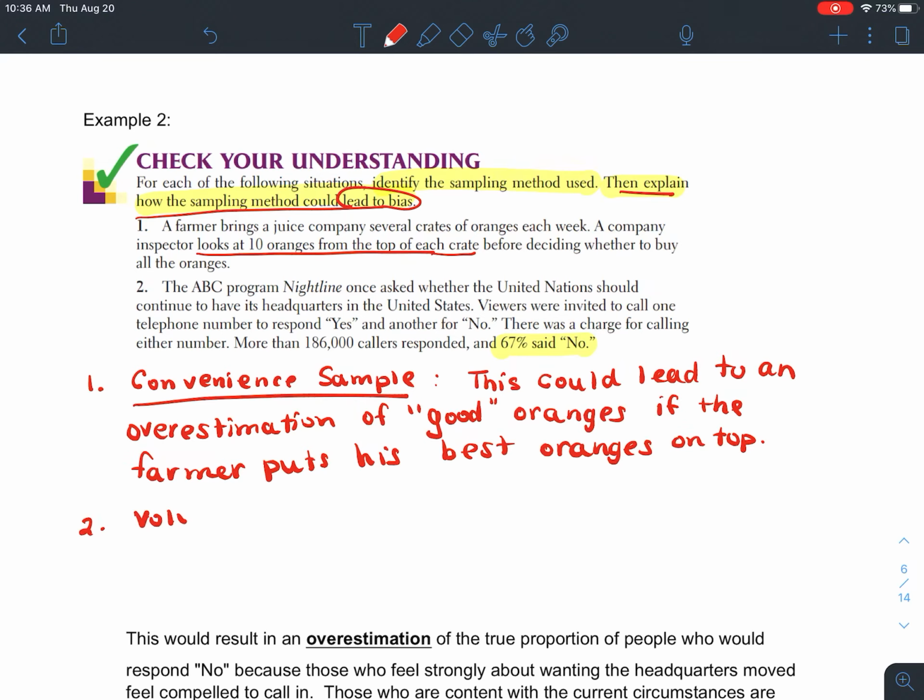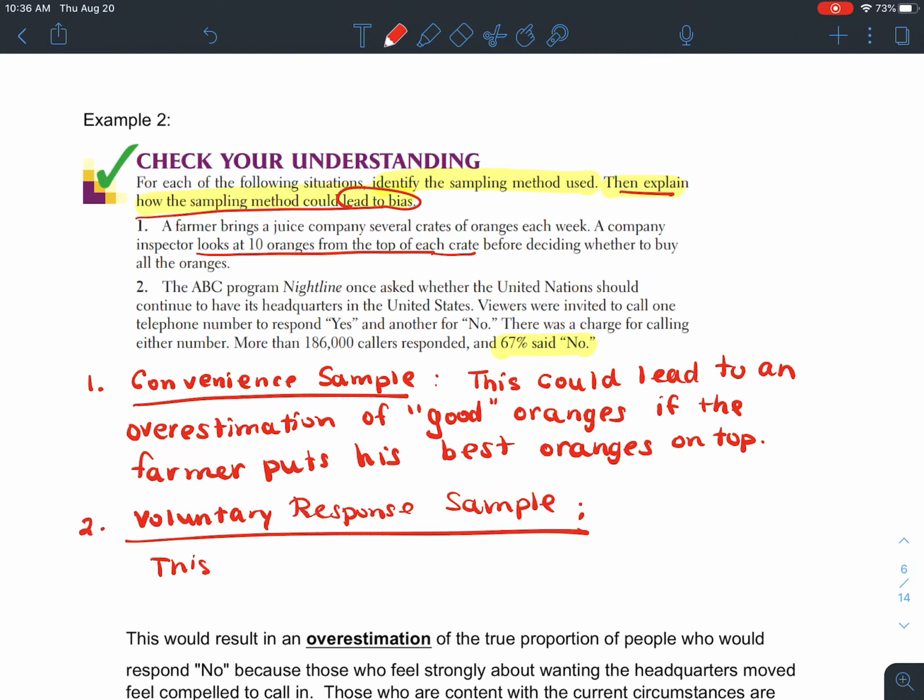Well, the issue with this is clearly a voluntary response sample. Okay, people are volunteering to call in. We could say that this could lead to an overestimation of no responses.